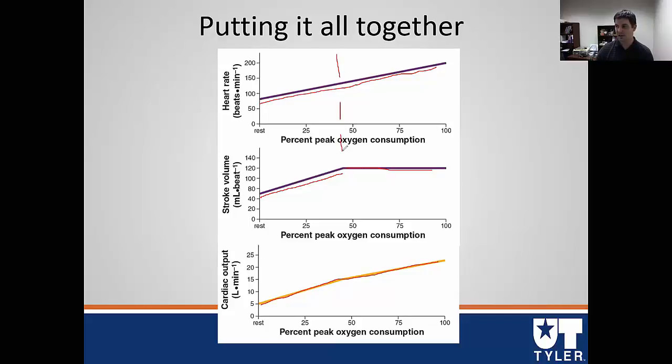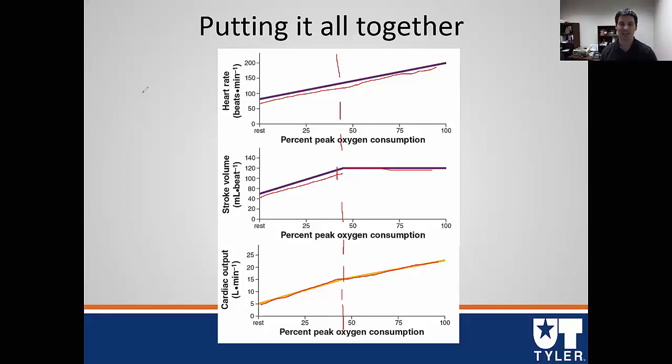If you draw a line down the middle of this, it isn't the best line, but what you'll see is, of course, this inflection point in cardiac output is due to the stroke volume inflection point, right? So we can summarize this by saying the increase in cardiac output up to about 40% of VO2 max is due to an increase in heart rate and an increase in stroke volume.